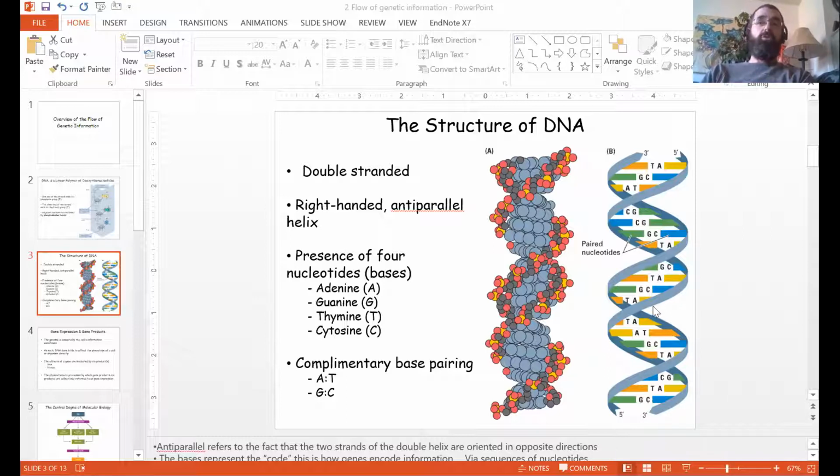Because it is truly anti-parallel. The bases get twisted around; they are upside down relative to the other. So if you have a T going up, on the other side you have an A going down, for example.